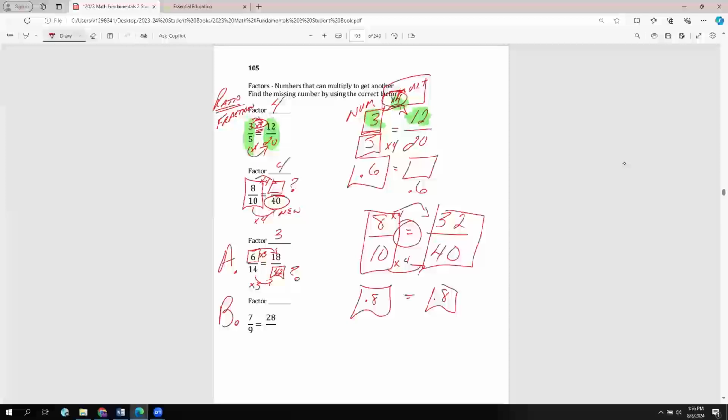Let's try B. Again, you're missing the denominator on the right side. I want you to go ahead and figure out what it needs to become. Okay, did you pause? Did you figure it out? Let's go ahead and do it. So again, on this one, the clue is on top with the numerators. You'll notice that 7 became 28. So what did you multiply 7 times to become 28?